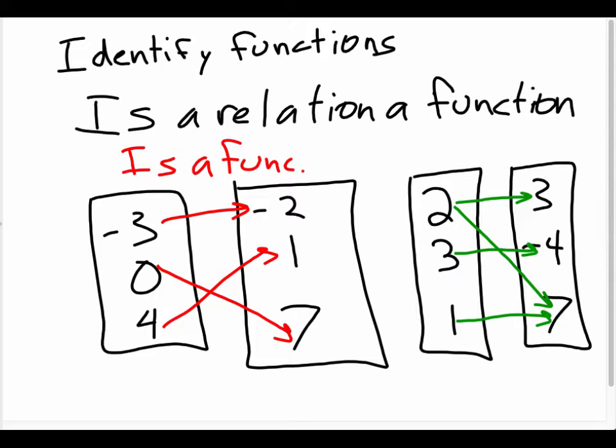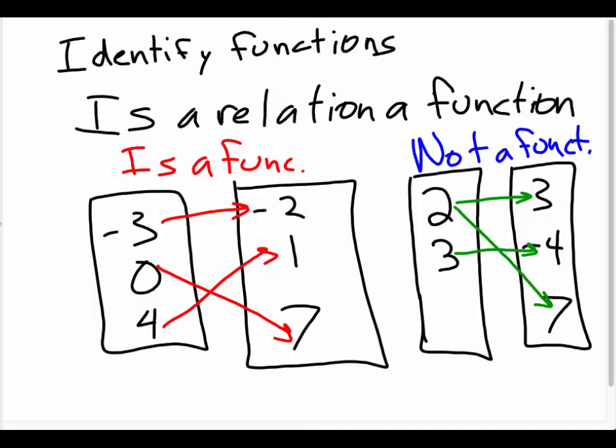Actually, let me do this last part over. Let's just leave it like that for now. Based on the mappings, one of those is a function and one of them is not a function.